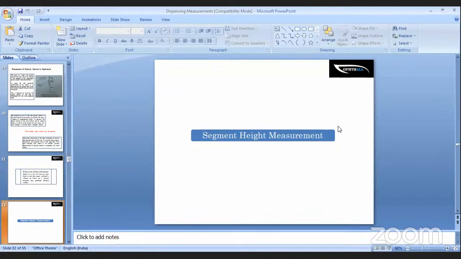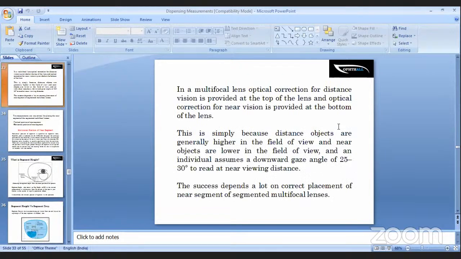Now we are going to the segment height measurement. In multifocal lenses, optical correction for distance vision is usually provided at the top of the lenses, and the optical correction for near vision is provided at the bottom of the lenses.